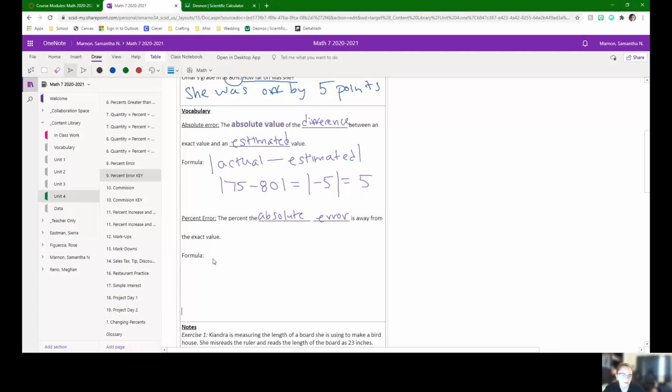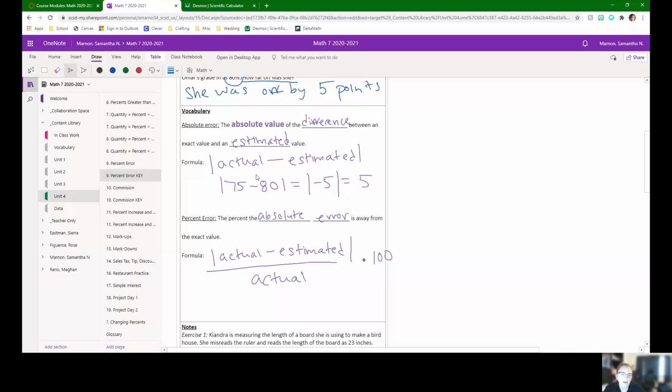So the formula looks like the absolute value of the actual value minus the estimated, where the straight lines mean absolute value, divided by the actual. This will give us a decimal. We know to go to a percent, we need to multiply by 100.